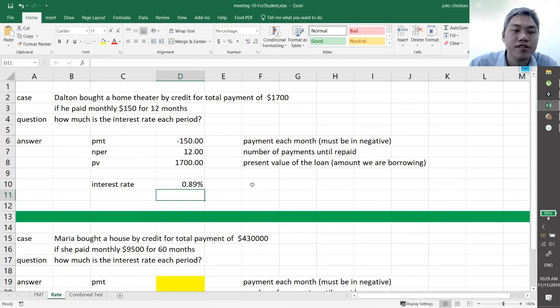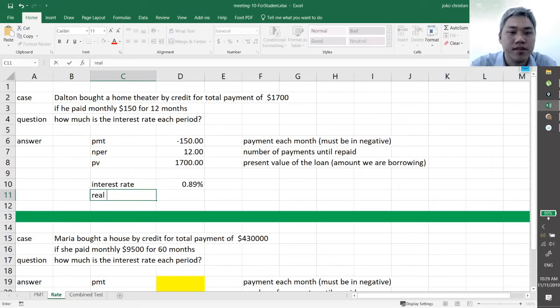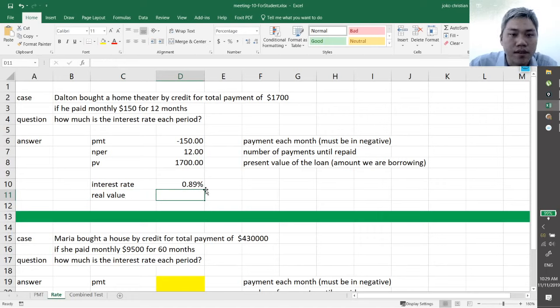You can then count the real value of the home theater. So maybe I'll just put it as addendum here. The real value should be this 0.89% of interest rate. So this will be, sorry, if we count it logically, then the payment of 1,700 includes the 0.89%.